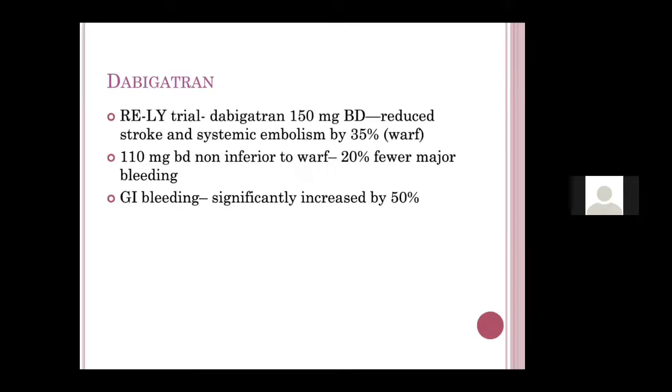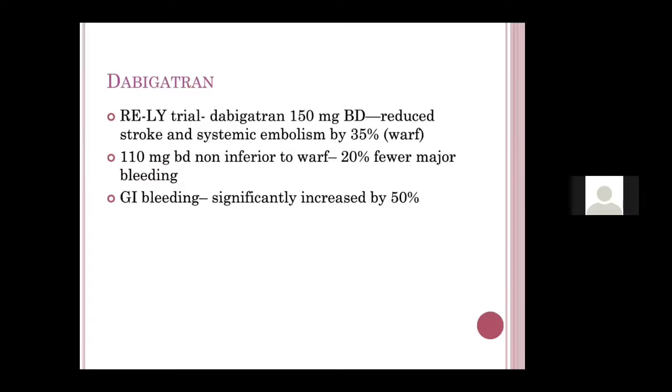Now, next is dabigatran, which all of us use right and left nowadays. The trial used was the RELY trial, which compared two doses of dabigatran, 110 and 150, with warfarin. Both the 150 dose and the 110 dose were non-inferior to warfarin.